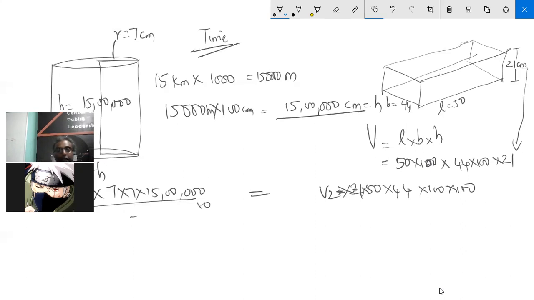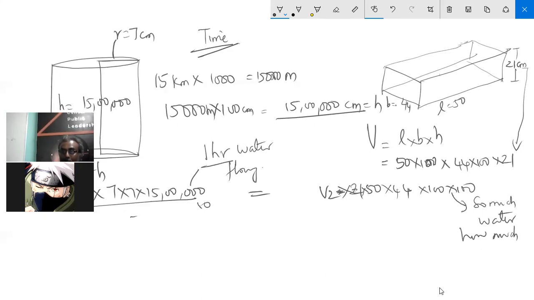Okay. So in 1 hour, so much water is flowing. To get so much water, how much time does it take?